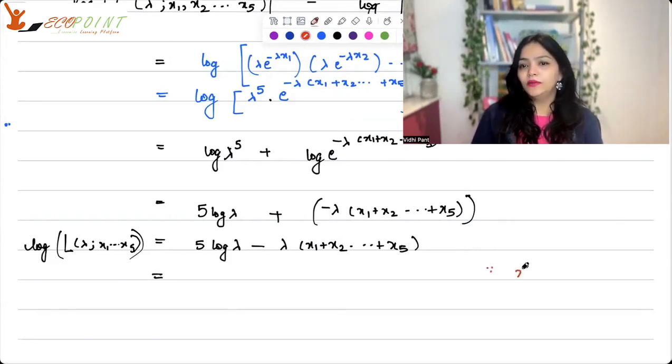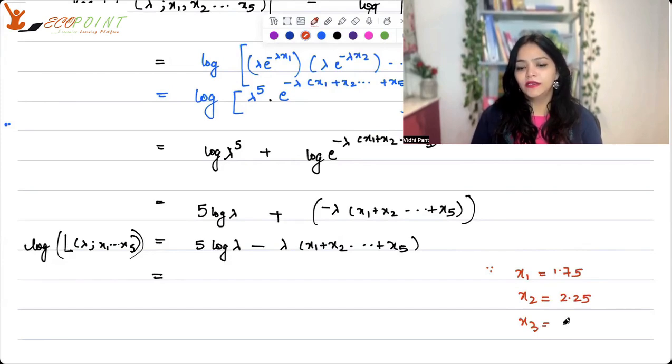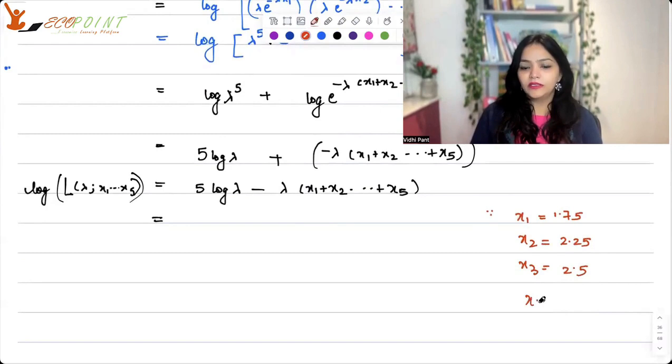Since the values of x1, x2 and so on are given to us: x1 is 1.75, x2 is 2.25, x3 is 2.5, x4 is 2.75, x5 is 3.25.